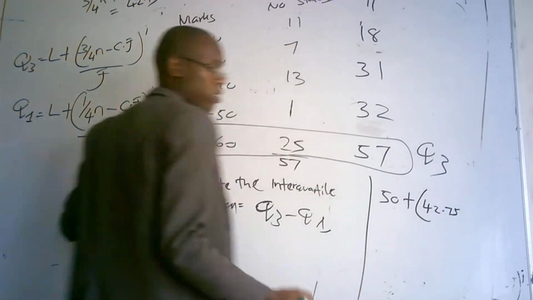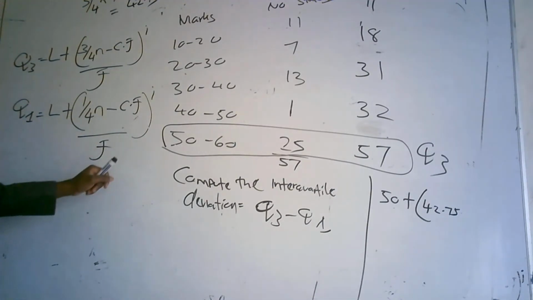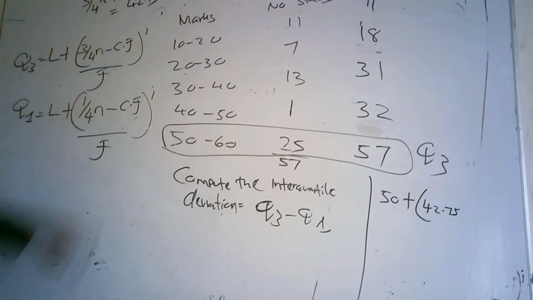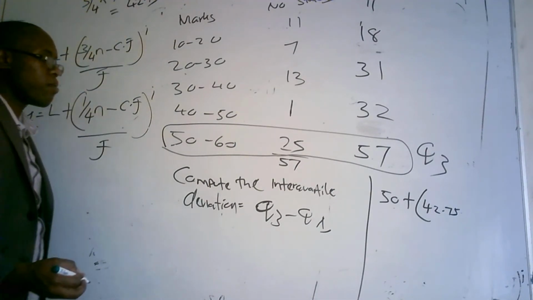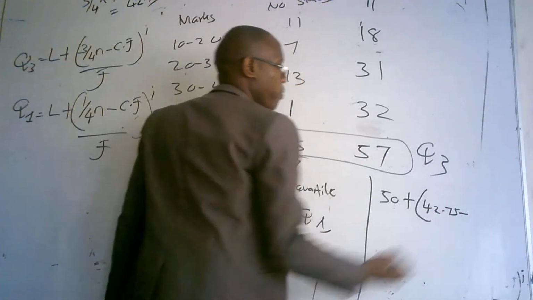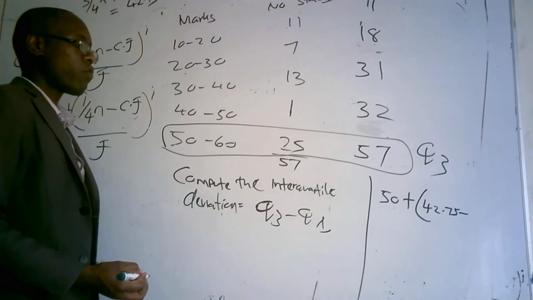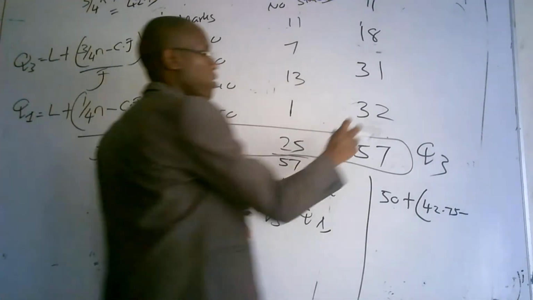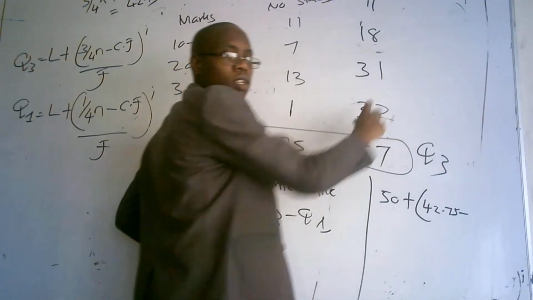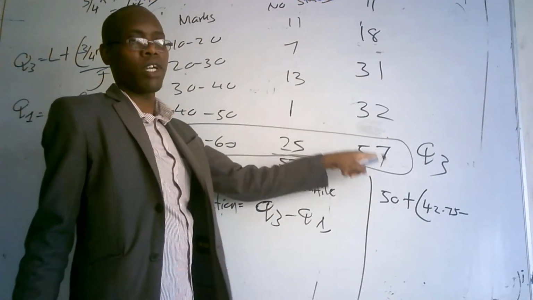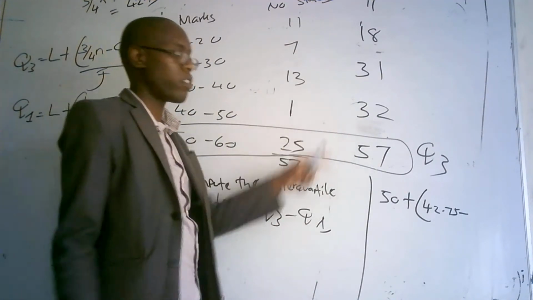42.75, which was 3 over 4n, and that we did substitute this far end, and then minus the cumulative frequency. We are going to raise the cumulative frequency above the quartile class, which is this one, so the cumulative frequency above is 32.